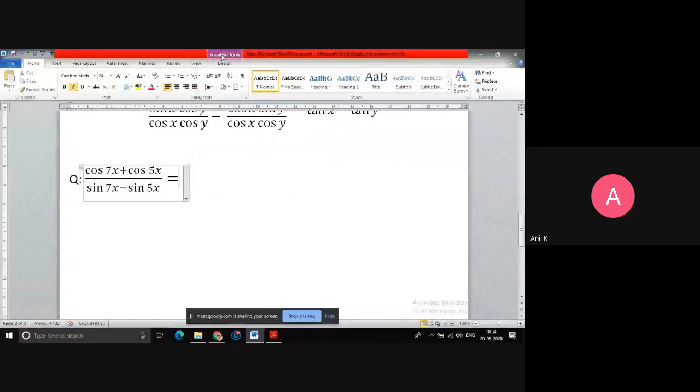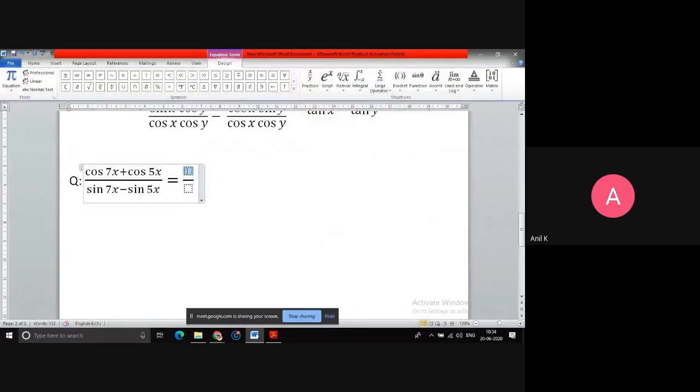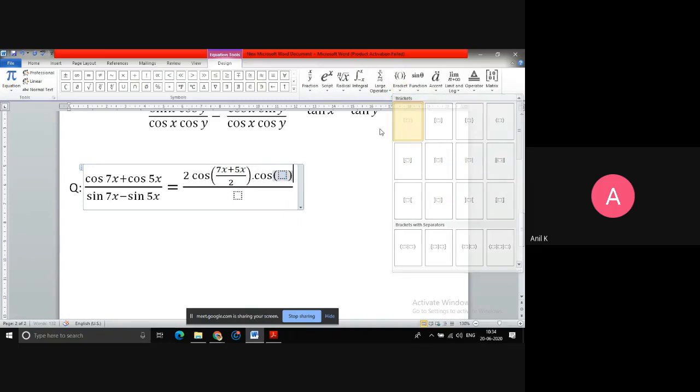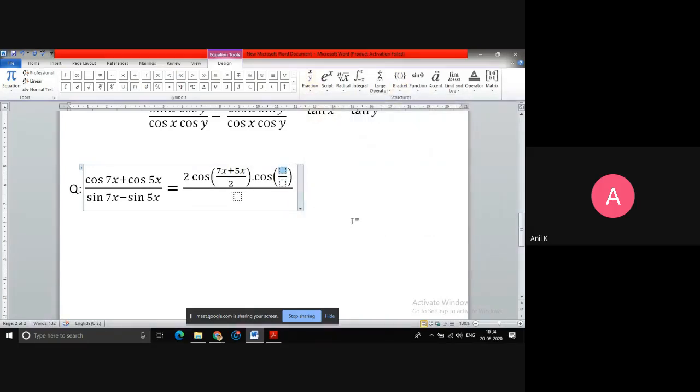So here I am going to apply this identity: 2 cos of (7x plus 5x) upon 2, multiplied by cos of (7x minus 5x) upon 2. So this is the numerator formula.